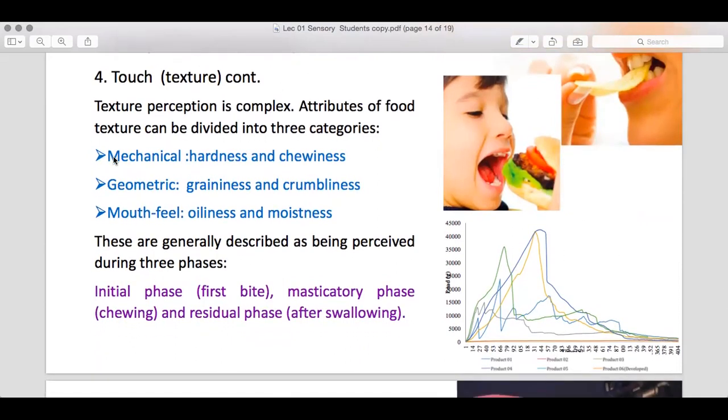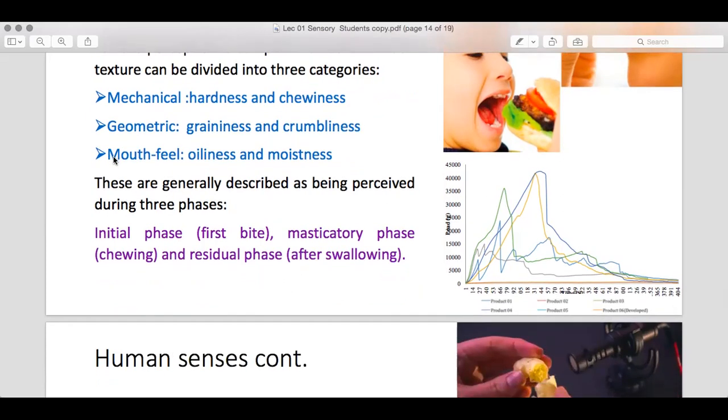And we are chewing further, then the food will react with saliva, and its texture also converts to a soft one. We call it the masticatory phase. And after swallowing, the food passes from the mouth to other areas of the digestive tract. So residual phase, right?